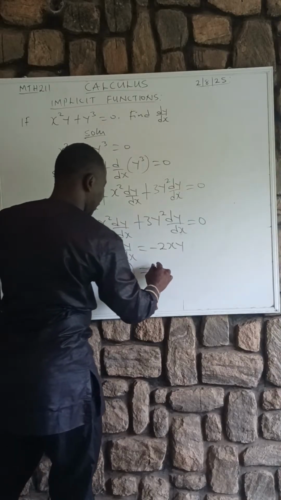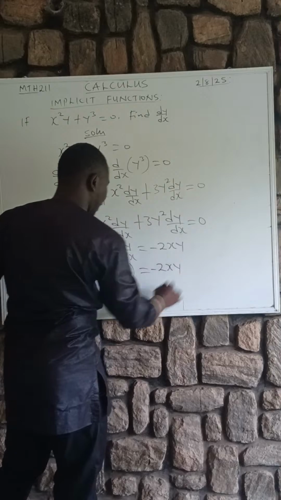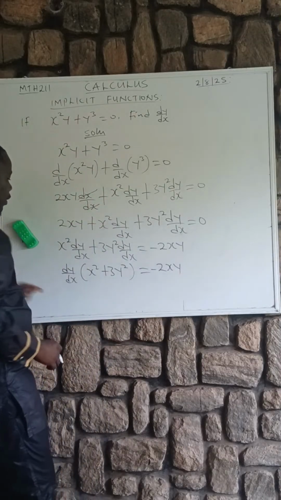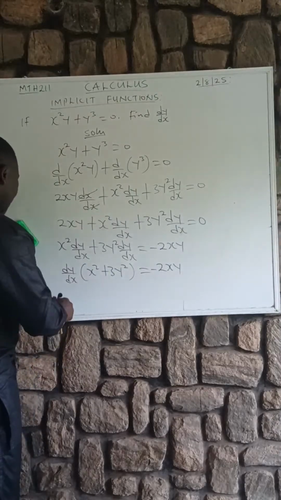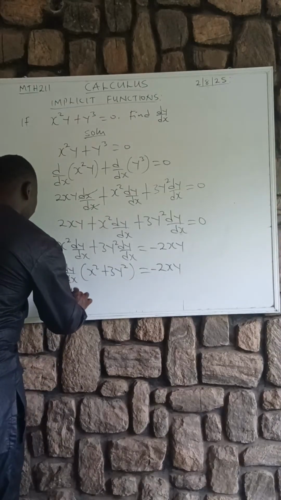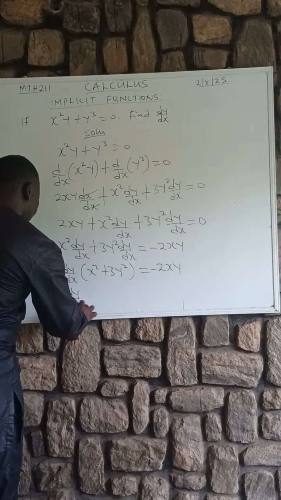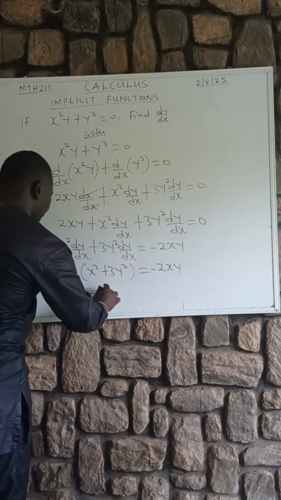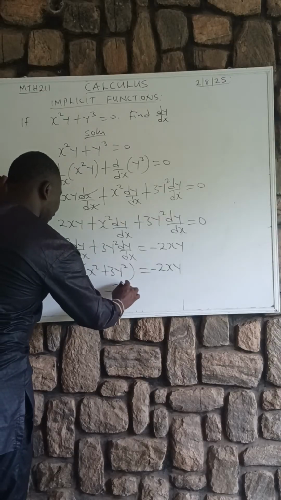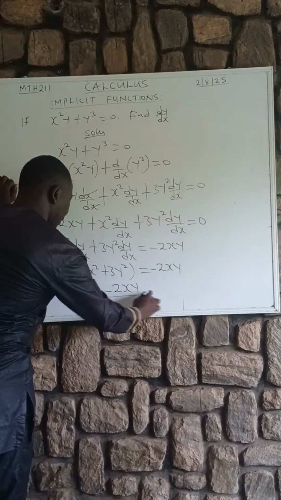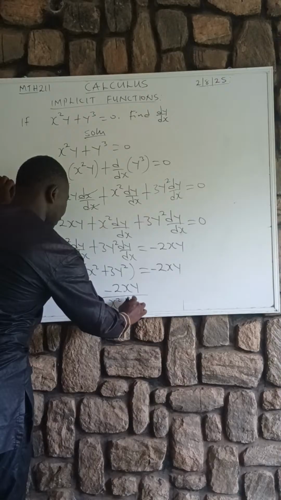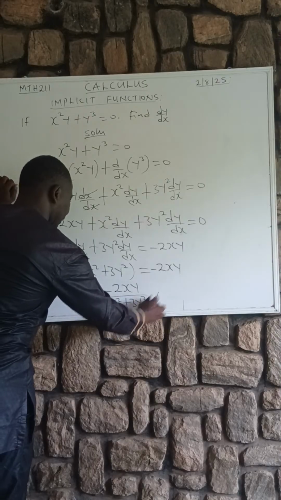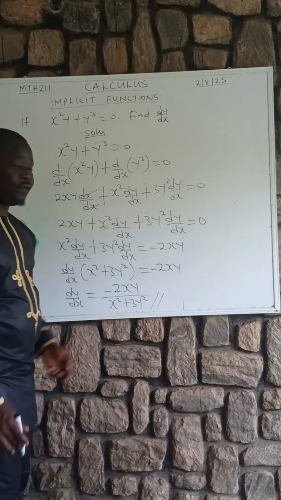Then equals to minus 2xy. So for us to obtain our dy over dx, we divide through by this. So when we divide through by this, our dy all over dx now becomes minus 2xy all over x squared plus 3y squared. This is the final answer.